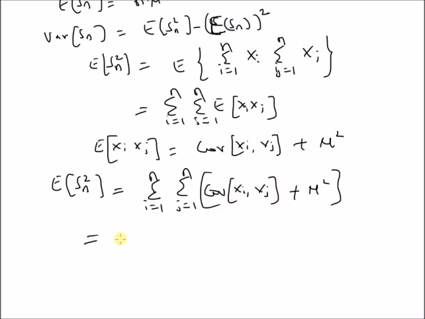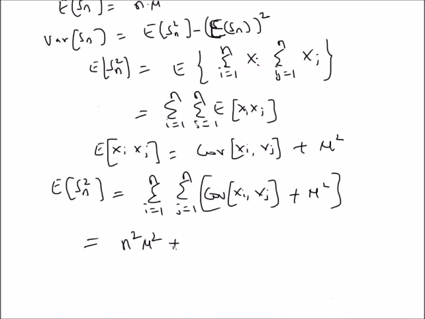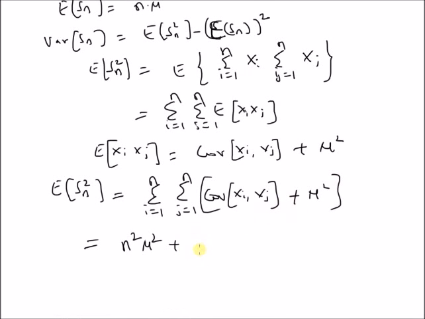And obviously the second term is equal to n square into mu square, and the first term, by the definition given in the beginning, is equal to the variance times the correlation coefficient power the modulus of i minus j, that is the difference between the indices i and j. So this should be equal to summation i equal to 1 to n, summation j equal to 1 to n, sigma square into rho power modulus of i minus j.